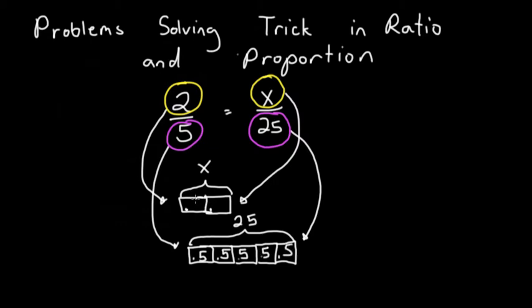Right? So then this must be also 5. Okay? So look, we were able to solve the value of x. If x is equal to 2 boxes, which is just basically 2 5s, then that means that x is equal to 10. So the answer here is x is equal to 10.